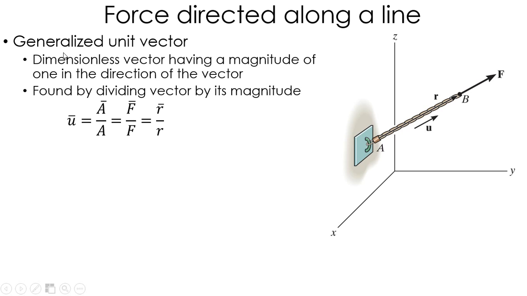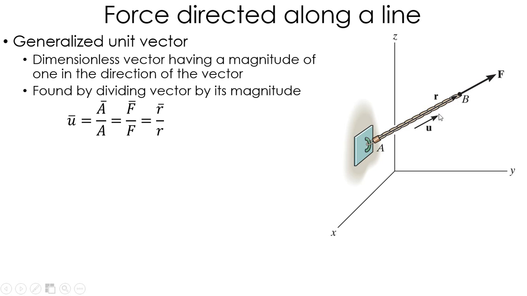I mean a generalized unit vector, not the specific ones, I, J, K, corresponding to X, Y, Z. In general, a unit vector is nothing more than a dimensionless vector having a magnitude of 1 in some direction. So I have this U vector. I can give it a value of 1 and just say it's pointed in the direction of this cable, in the direction of this force, in the direction of this position vector.